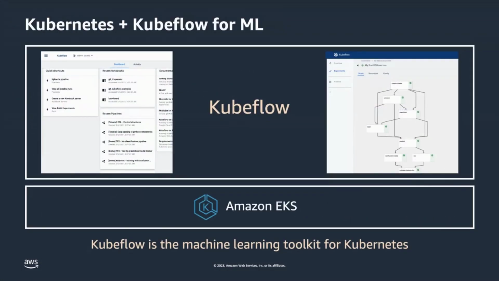Well, one of the ways is Kubeflow on AWS, right? So Kubeflow is within the CNCF or the upstream community. It's a machine learning toolkit for Kubernetes. So within here, you're able to run notebooks.